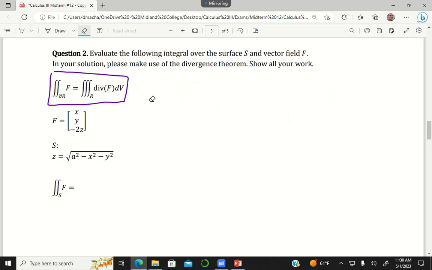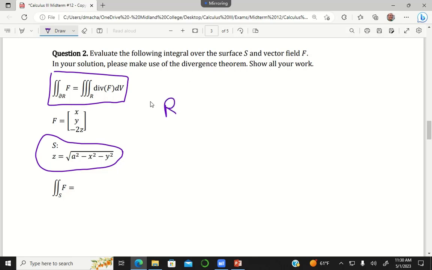And, of course, this surface, we talked about how this surface is just the upper half of a sphere. Okay? And so we don't actually have a case where the surface is the whole boundary of a region, right? The surface that we're dealing with is just the top of the sphere.